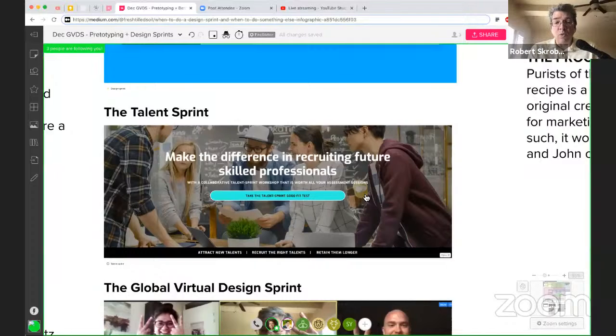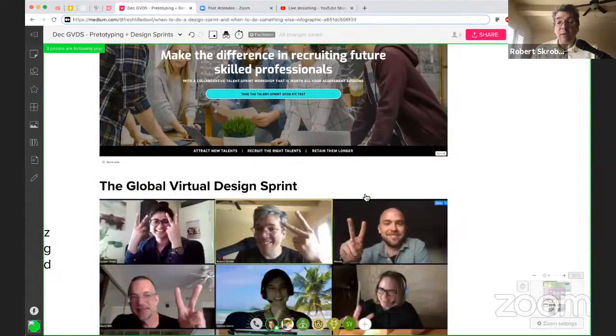They're currently really involved with this, testing it out with HR at different companies. This is another variation of the original design sprint process evolving into something with tangible application in the marketplace.